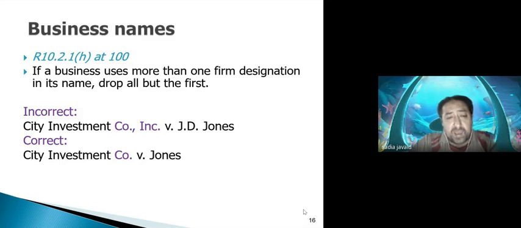In the incorrect format, City Investment Company Corporation versus J.D. Johns, both parties have their complete names, which is not good. On the other hand, the correct format is City Investment Company versus Jones. Only the first firm designation is kept in the name and the rest are dropped.